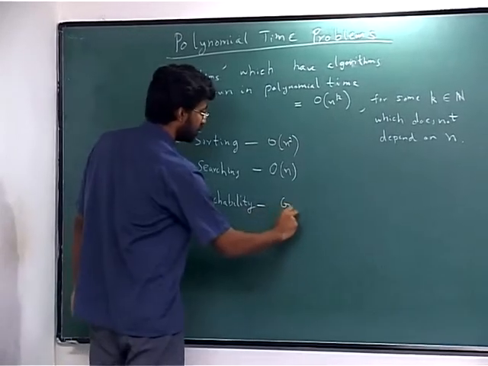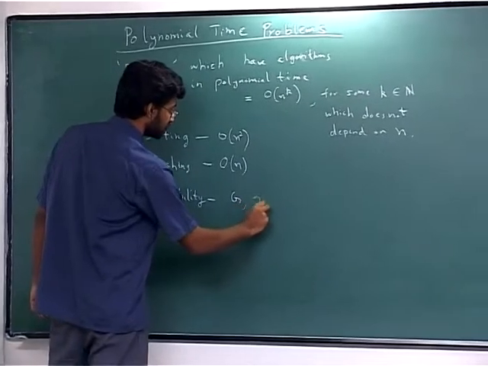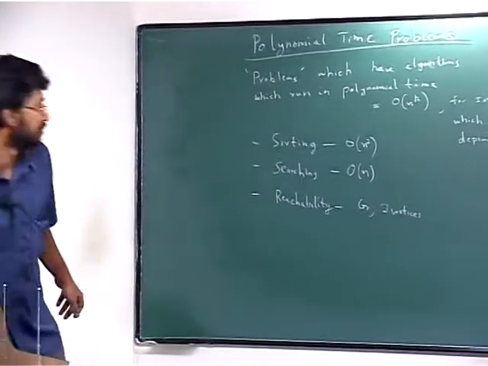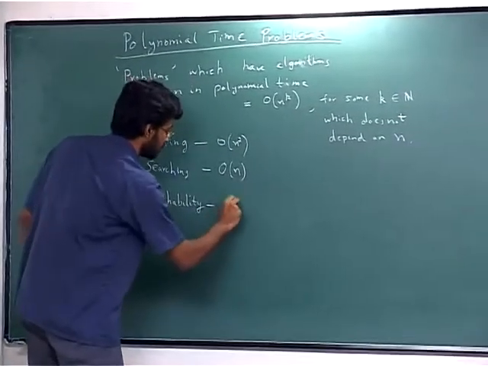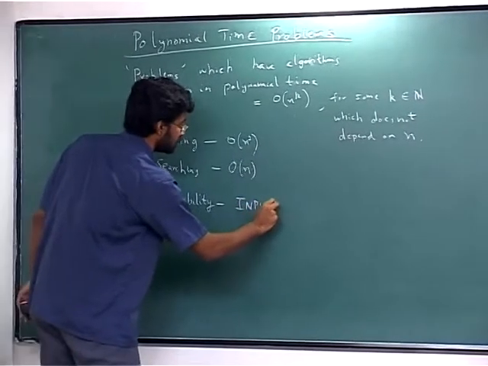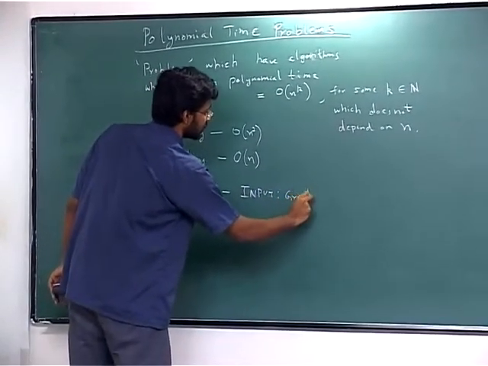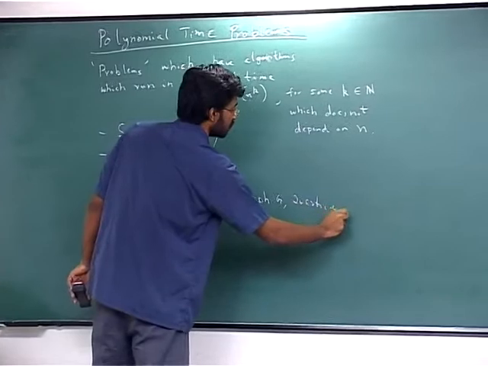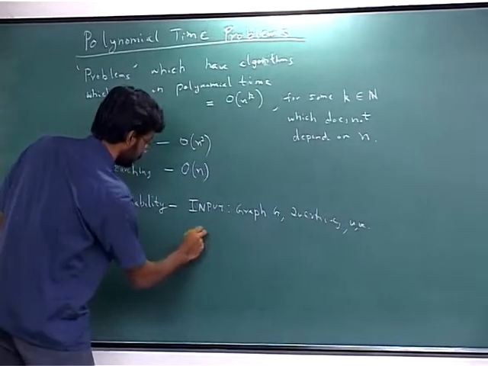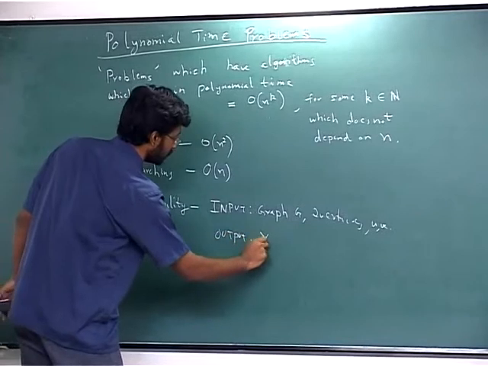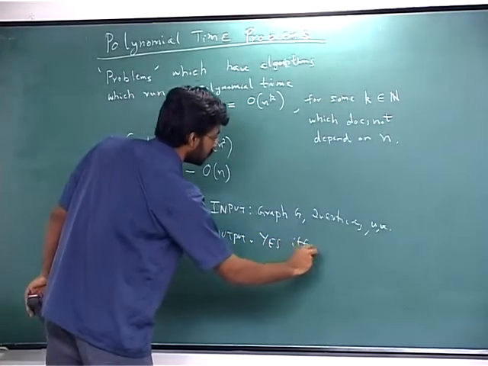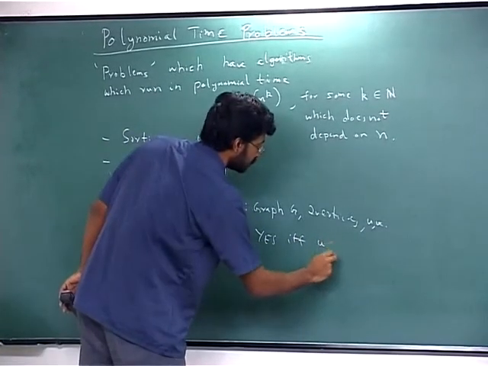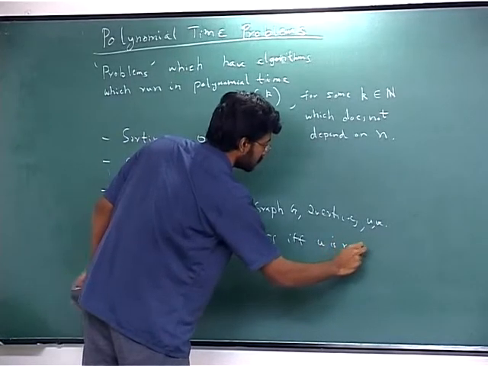Given a graph G and two vertices u comma v as input, the output is yes if and only if there is a path from u to v.